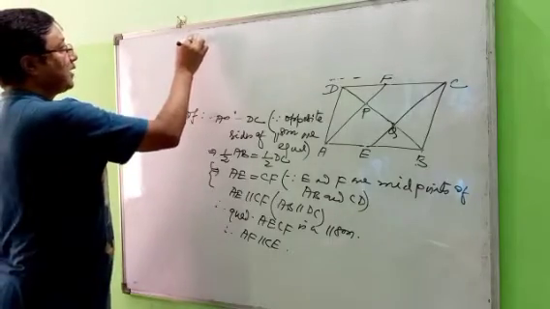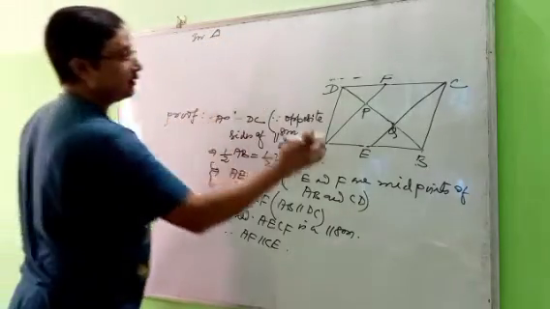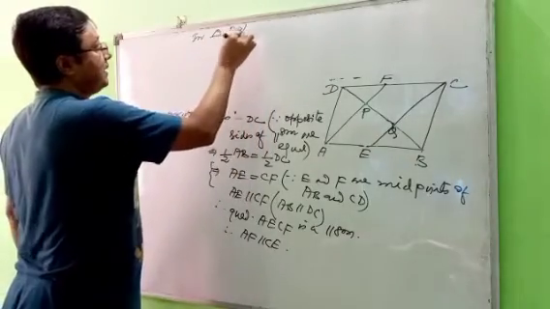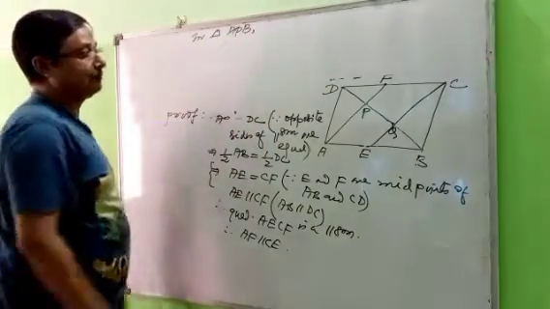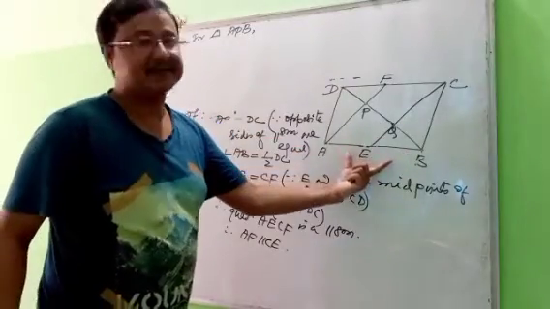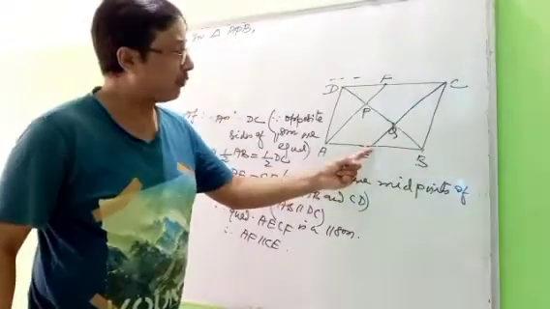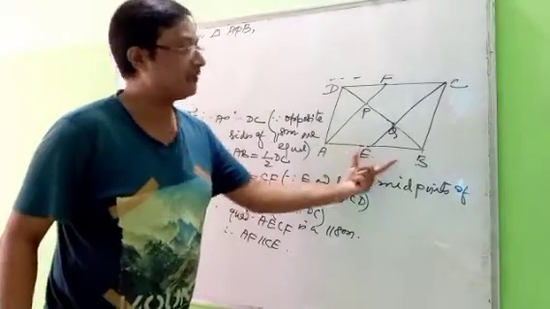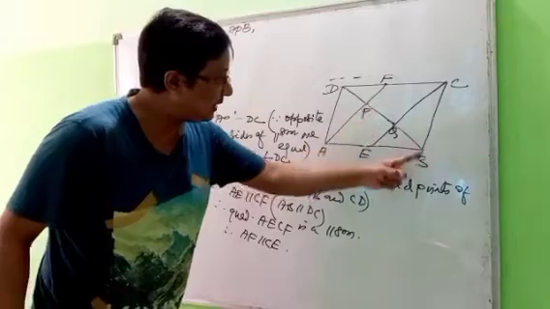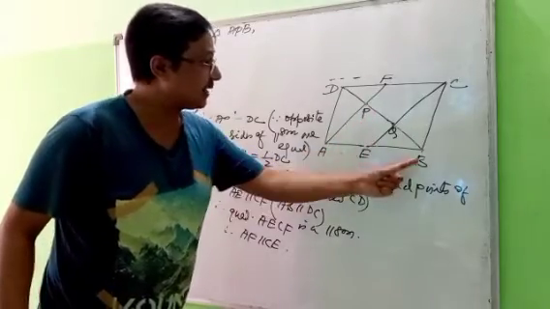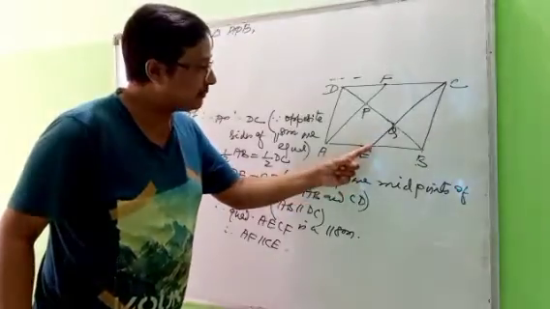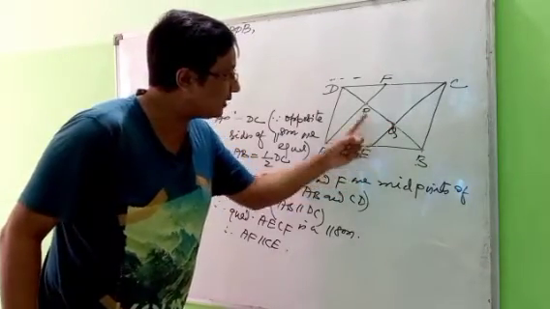So in triangle APB, E is the midpoint of the side AB. This is the first side. The line is drawn through the midpoint of one side of the triangle, through this midpoint, parallel to the other side.